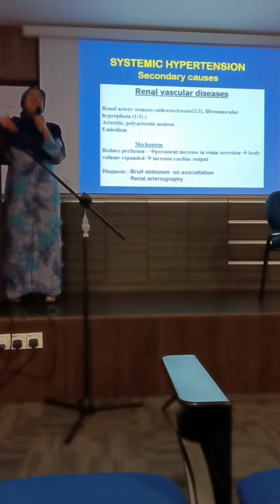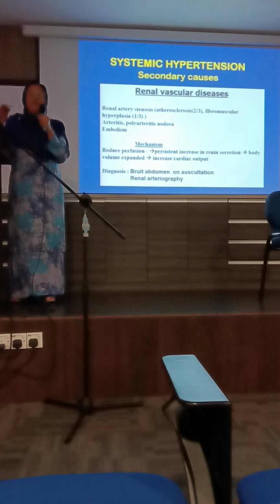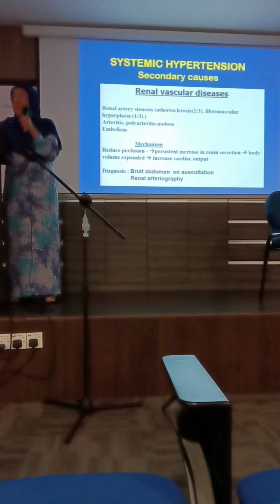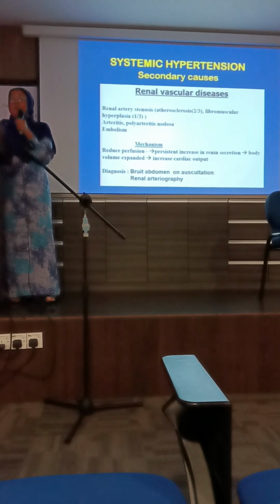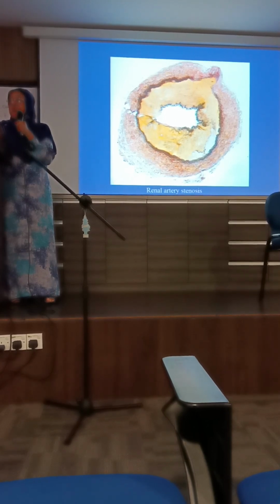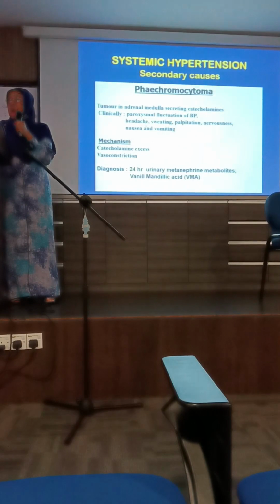Again, the mechanism is the same: reduced renal blood flow can stimulate the RAAS, renin-angiotensin-aldosterone, causing sodium and water retention. This is an example of a renal artery which is narrowed because of a lesion in the wall.